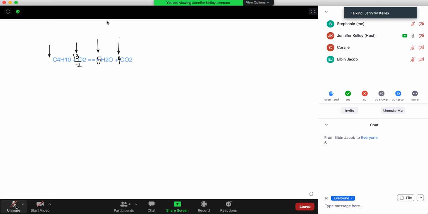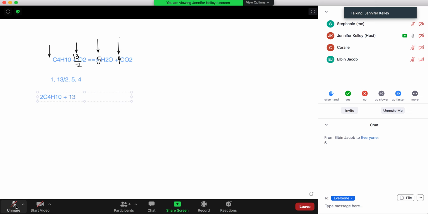So the coefficients that I have then are 1, 13/2, 5, and 4. So for C4H10, it's going to be 2 times 1. It's going to be 2. And then for O2, it's going to be 13/2 times 2.